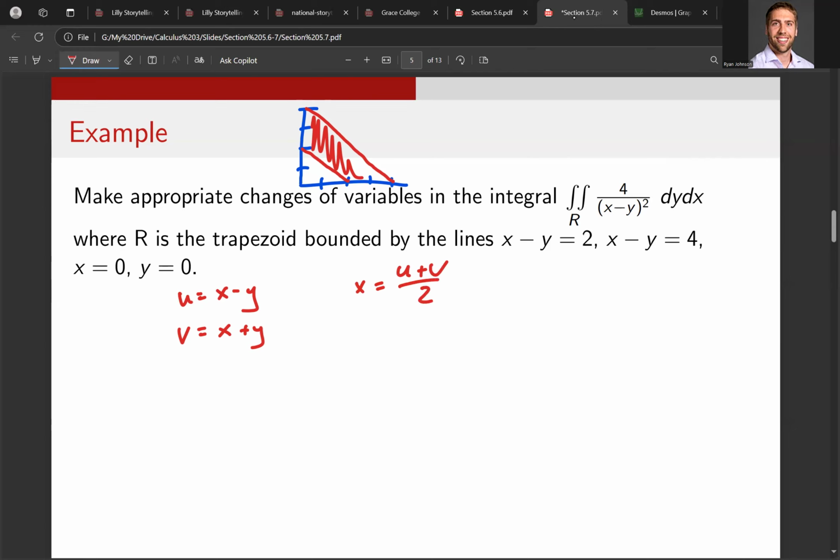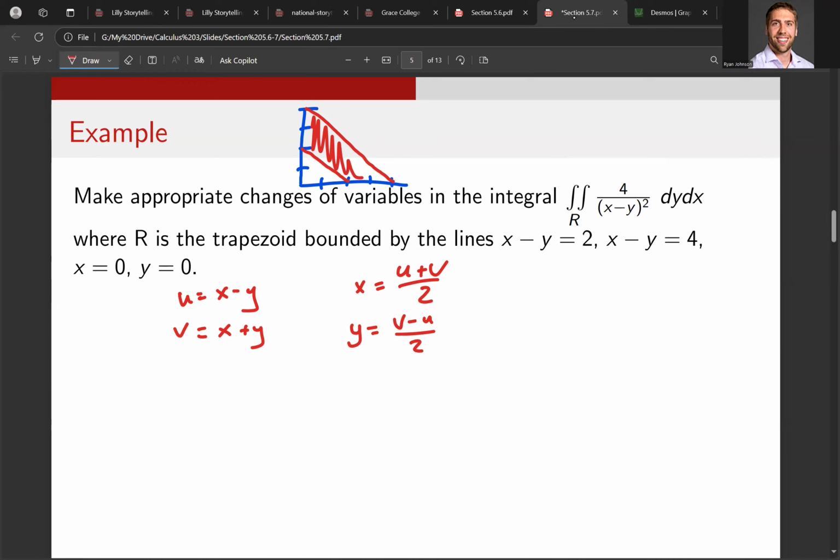Right? And then y, if I take the v minus the u, sorry, then y would be v minus u over 2.